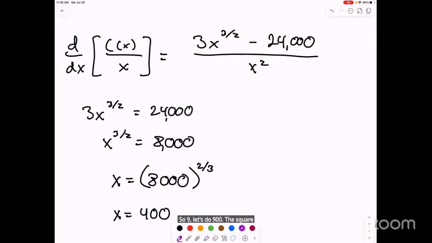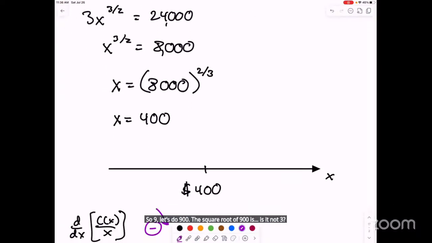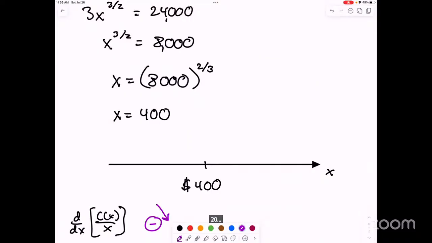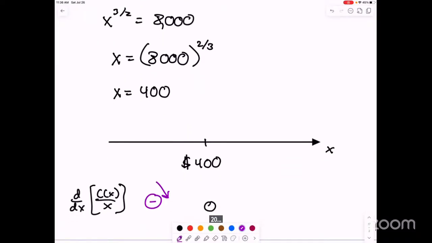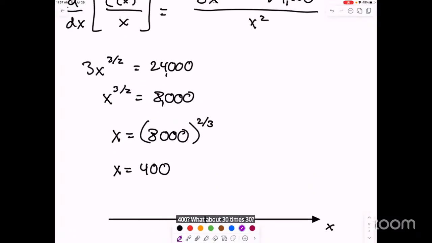The square root of 900 is it not 20? 20 times 20 is what? 400? What about 30 times 30? 900?